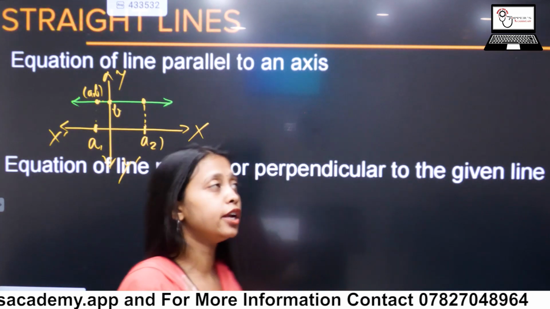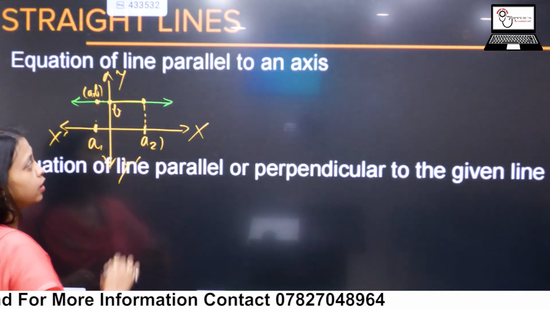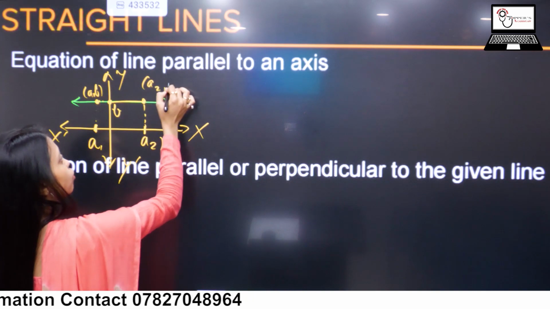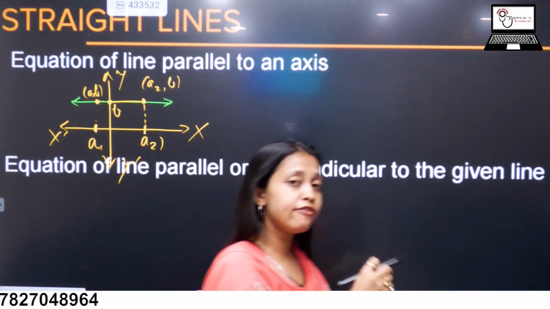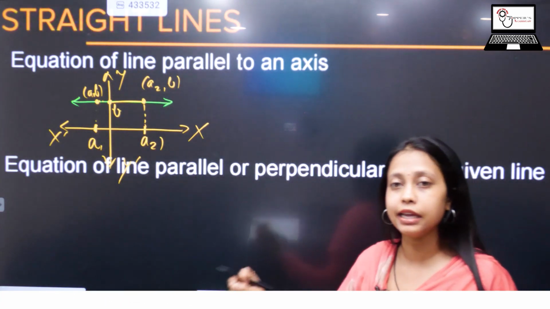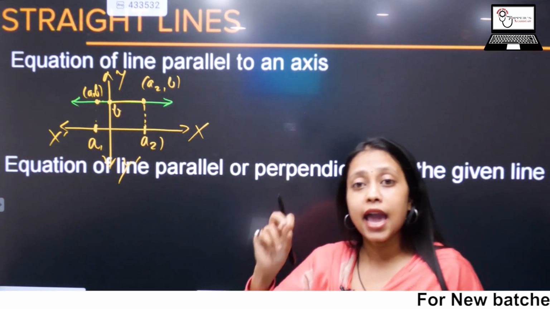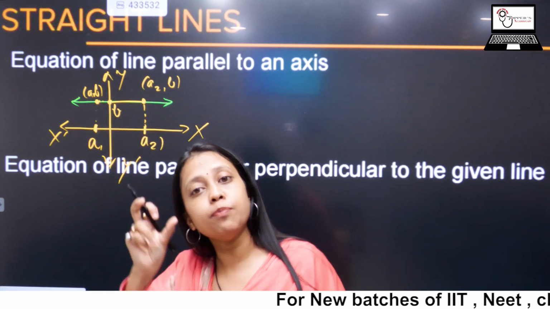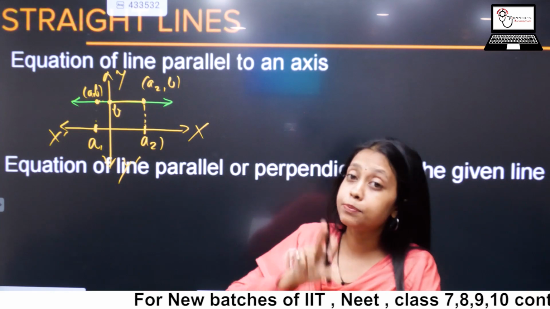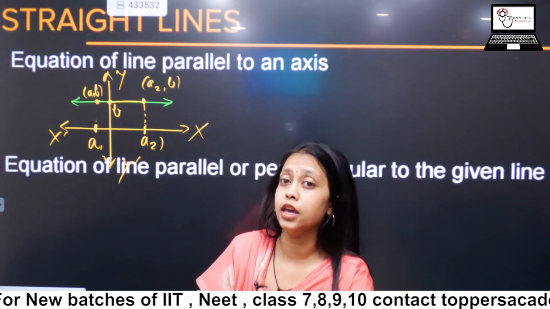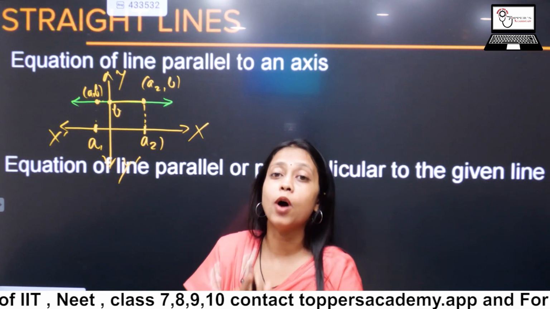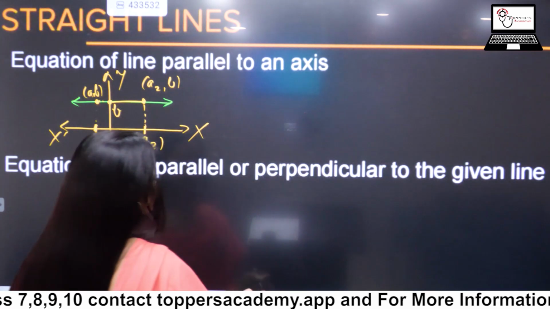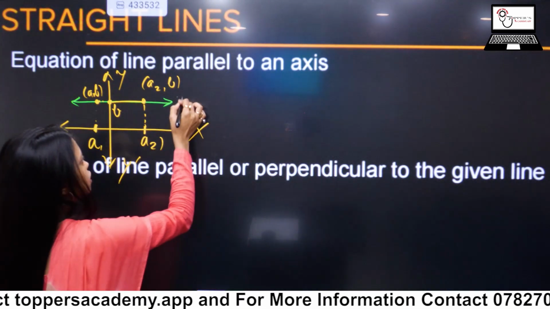What about the ordinate? The ordinate is still the same. So this is A2 comma B. In fact, for every point you take on that green line, the x component will keep on changing but not y. Y is always the same, y is equal to b, and hence the equation of this line is y is equal to b.